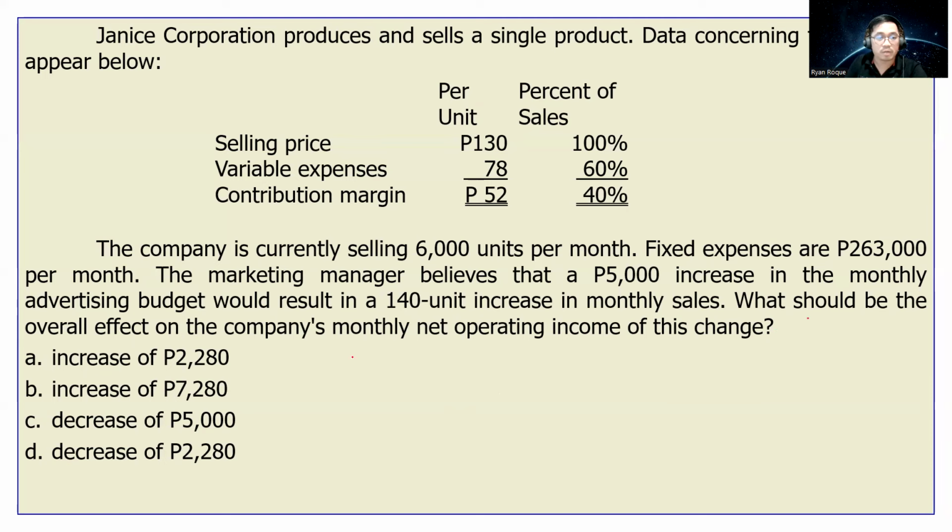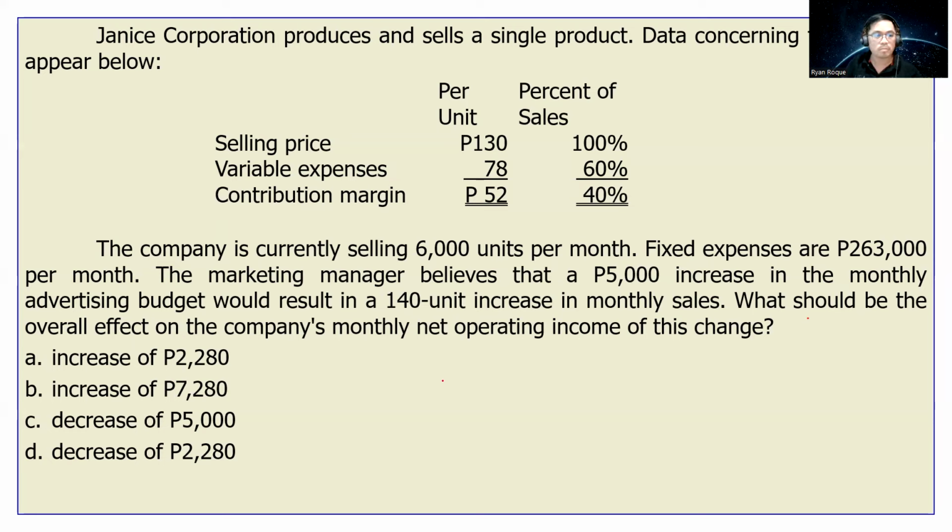So what should be the overall effect on the company's monthly net operating income because of these changes? Okay, so meaning we are talking about the overall effect. So since this time the current net income is not given, we will compute for that, and then later on we'll compute for the new income because of these changes and compare the two operating incomes.